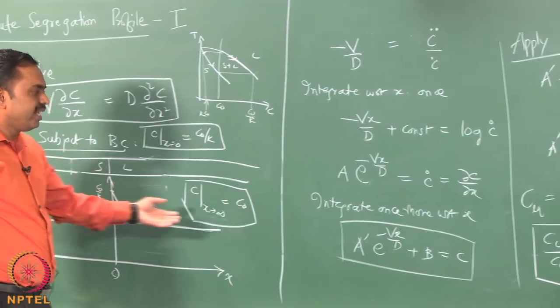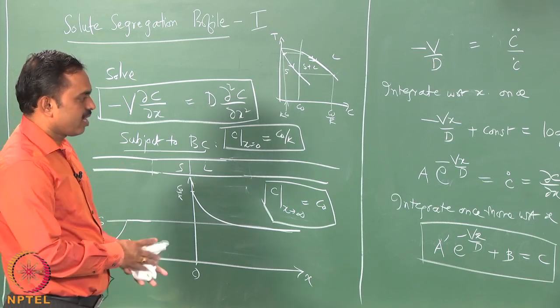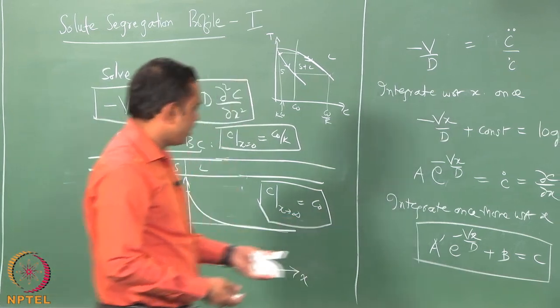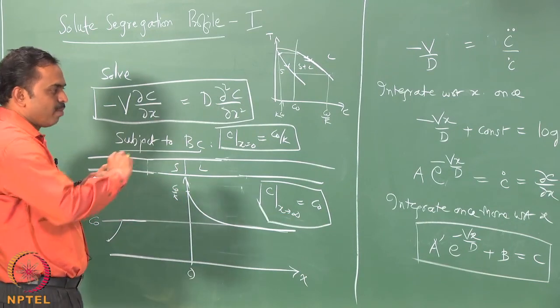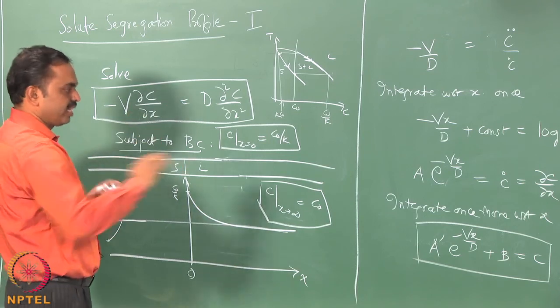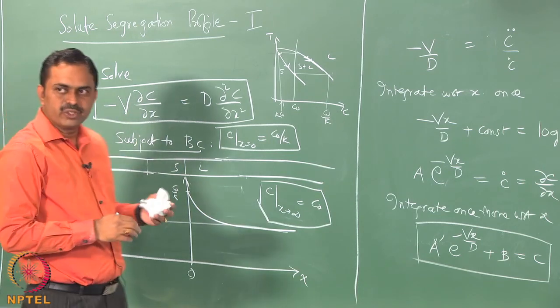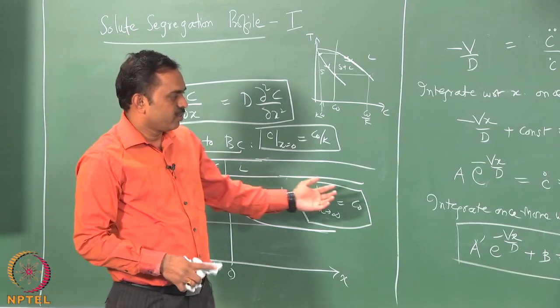So, it is an exponentially decaying function that we have derived from here. Okay. Now, what does it imply to us? It implies that the composition profile in the box towards the weld center is going to be an exponentially decaying function, and that is going to have some implication on how the microstructure is going to evolve.